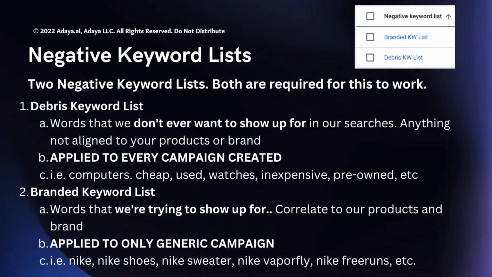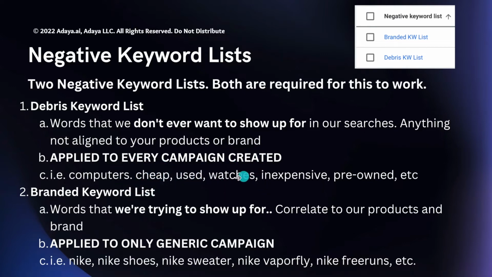These are going to be words that we don't ever want to show up for in searches. This is something that is not aligned to our products or brand. This is when people search up something not correlated to your brand. So if we're using the example of Nike, as mentioned earlier, we're going to see that, okay, we don't want to show up for computers, right? That's not our niche. We don't want to be considered cheap, used, right?